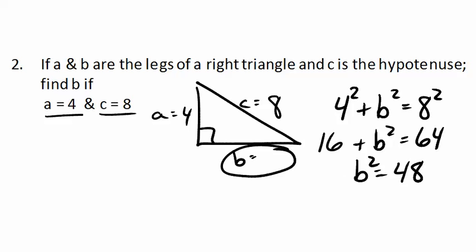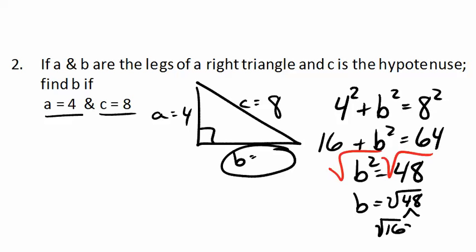And then we'll take the square root of both sides to get rid of the square. And you end up getting b equals square root of 48. But hopefully you'll notice that 48 can be simplified by factoring out 16 and 3. 16 is that perfect square that we're looking for. And that becomes 4 square root of 3.